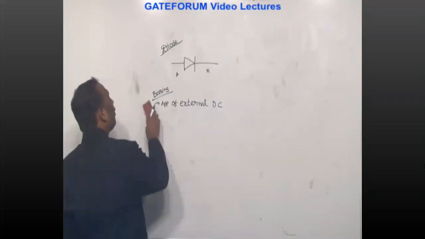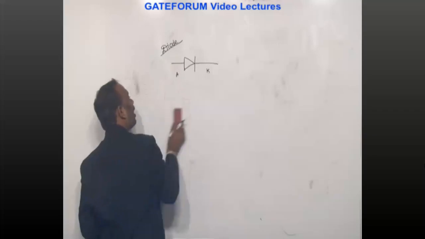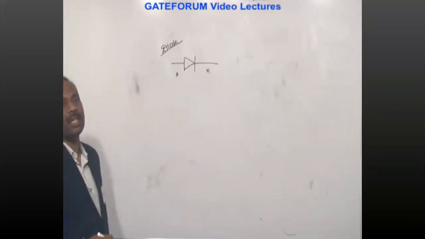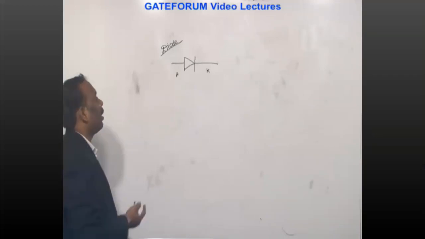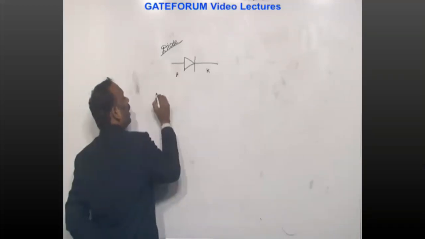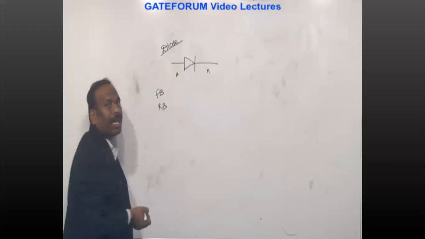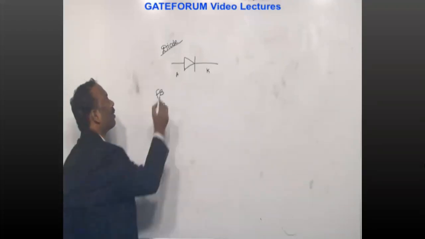What is the need for biasing? If you apply biasing, then only it is going to work in some application. There are two types of biasing, forward bias and reverse bias.